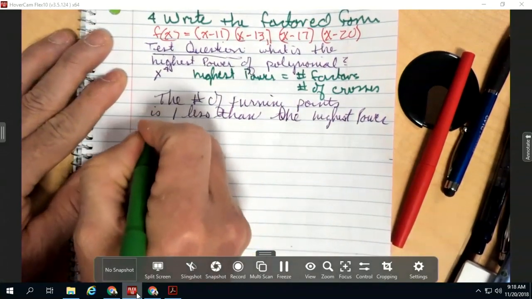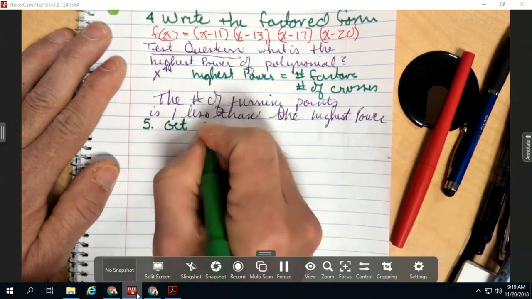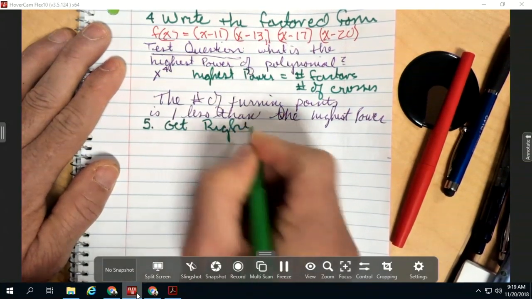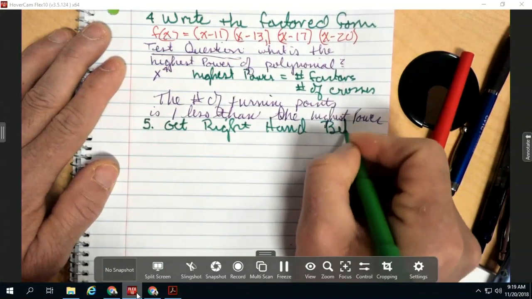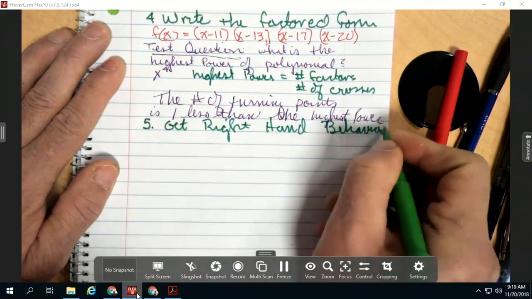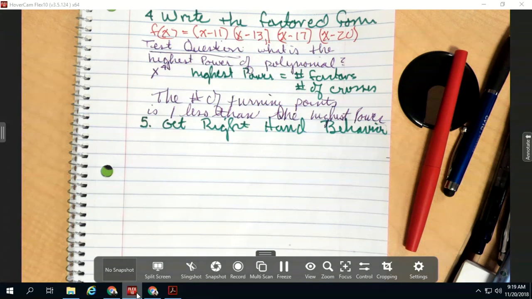Step 5. Get right hand behavior. Now this doesn't just work with polynomial functions, this works with any function. If it ends going up, it's going to have a positive, and they call that leading coefficient.